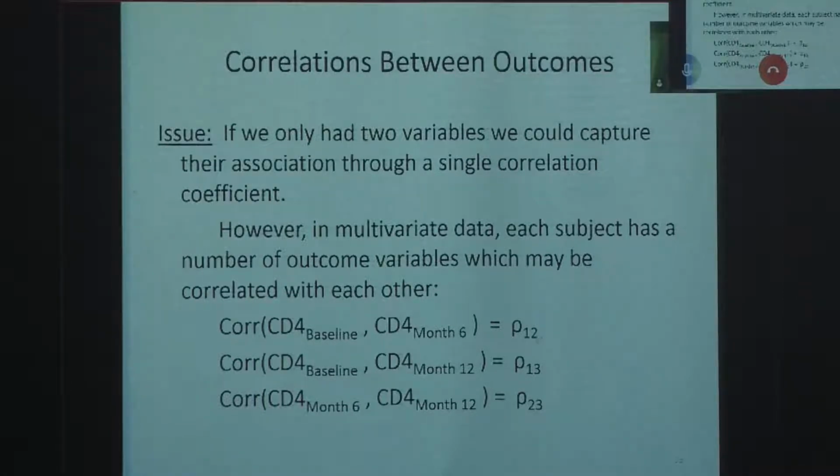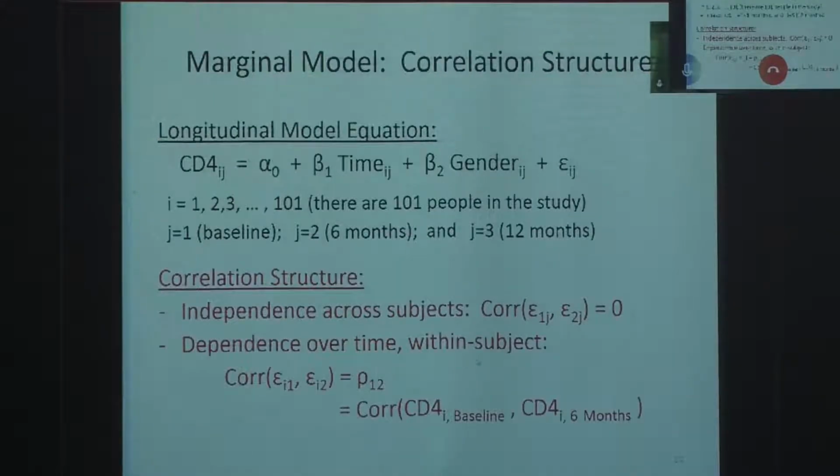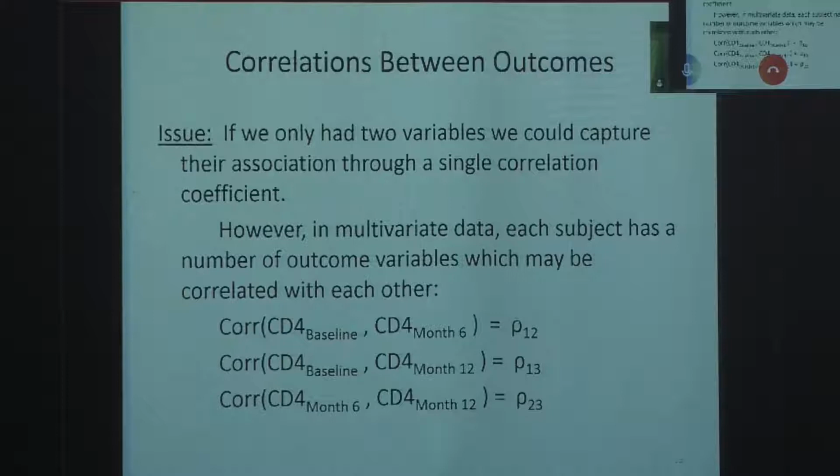The good news, again, is if they are non-zero and you're using the proper software, your software will actually estimate how large these are and adjust for them, so that if I go backwards, these estimates, the standard errors, and therefore the p-values, are actually adjusted for whatever correlation was present in your data.